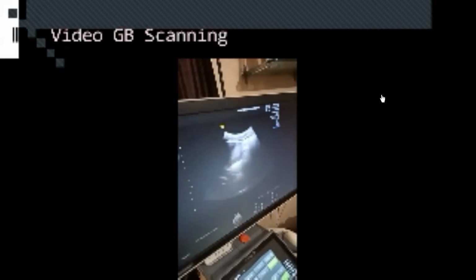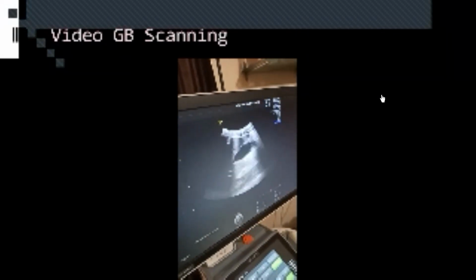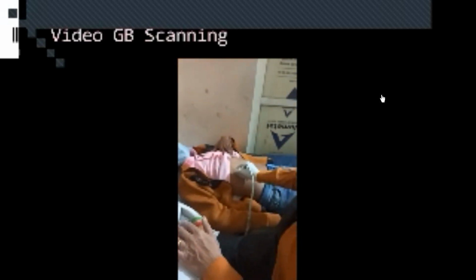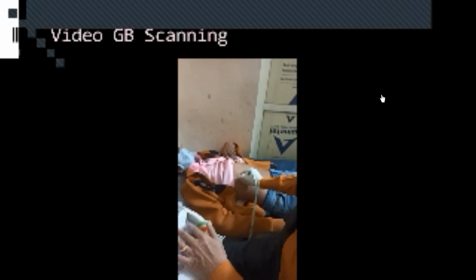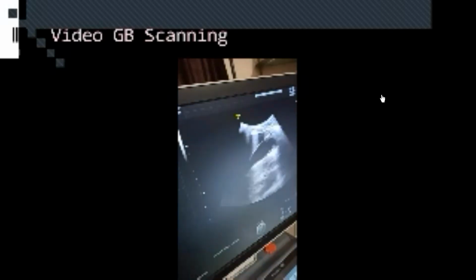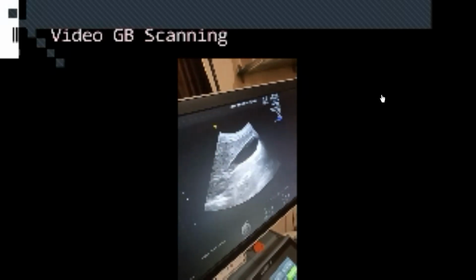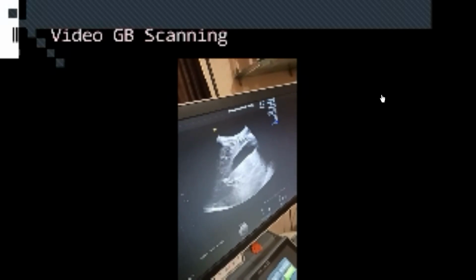So now the gallbladder has appeared on the screen. We have to make a side-to-side movement, and we can achieve the long axis of the gallbladder. Ask the patient to take a deep breath, and the gallbladder will appear in its longitudinal section.